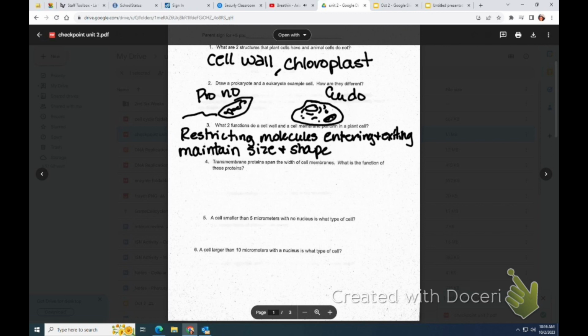Restricting molecules entering and exiting and maintaining size and shape.